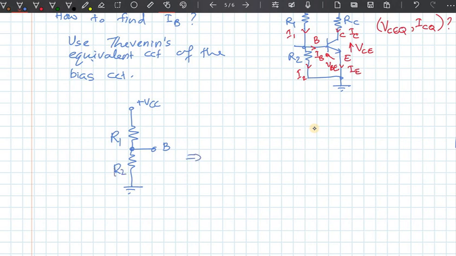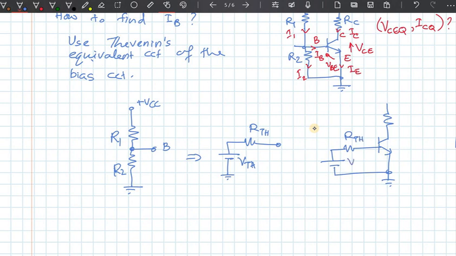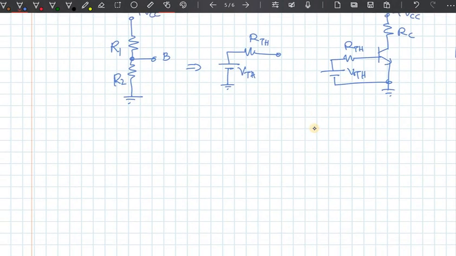That would be a Thevenin voltage source VTH and a Thevenin resistance RTH. I want to find these two things so that I can connect this directly there, like this, RTH and VTH. Okay, so what are the values of RTH and VTH? Let's find that. It is not hard.